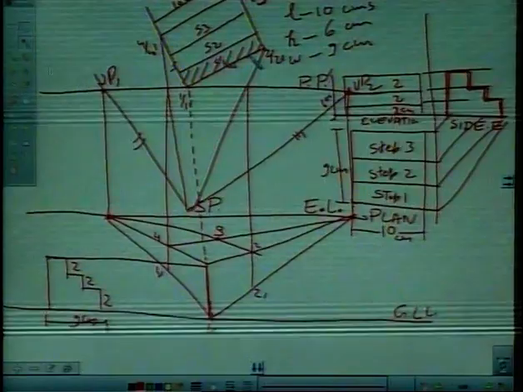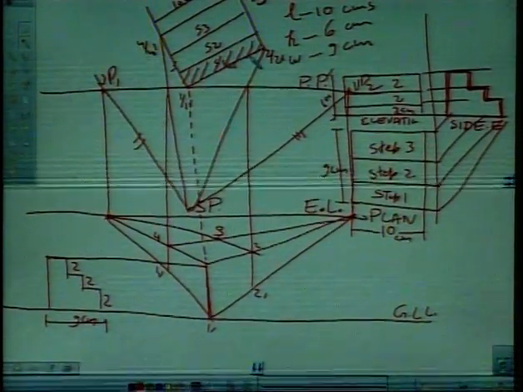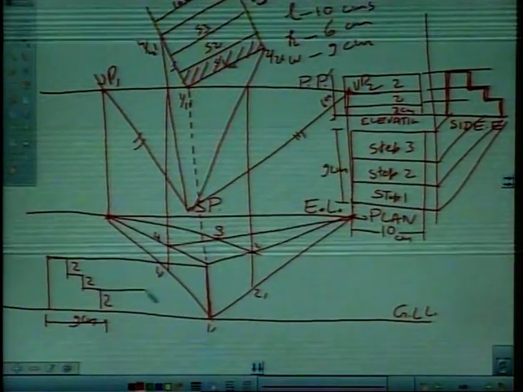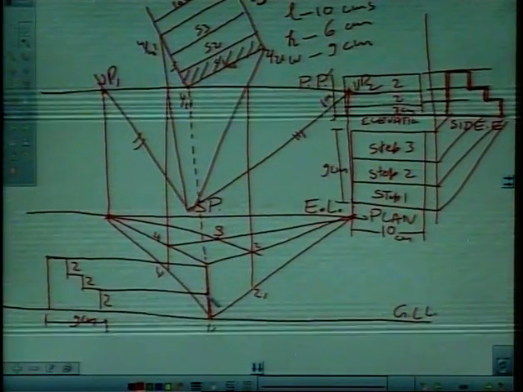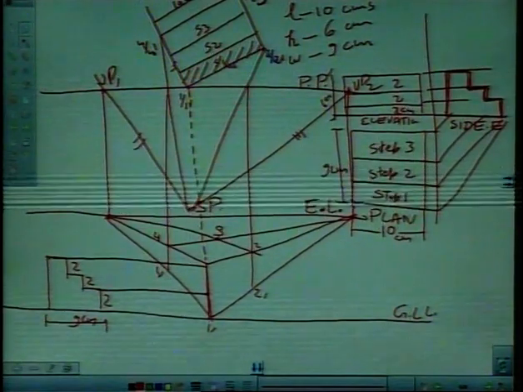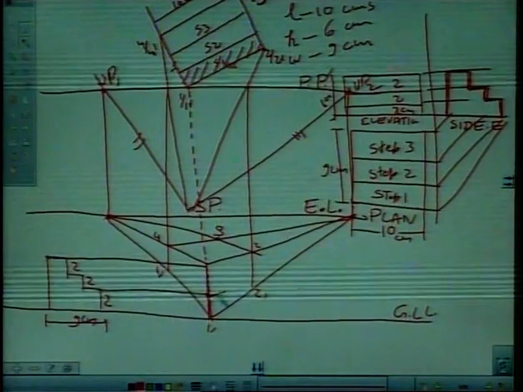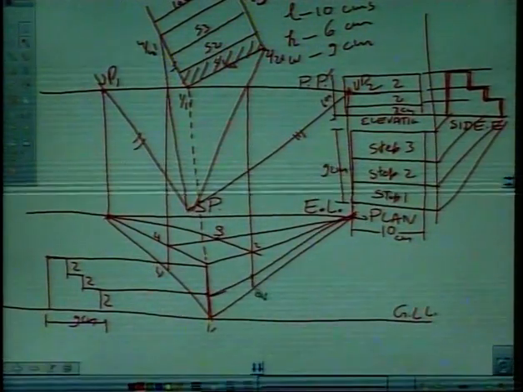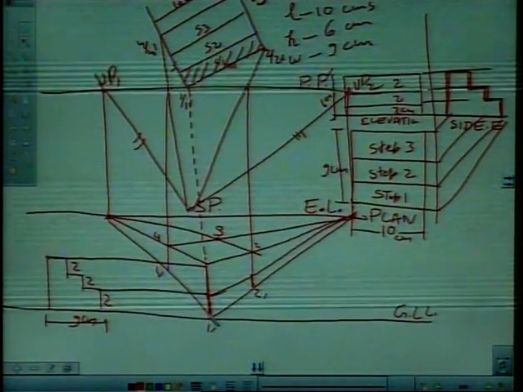right? For drawing step number 1, we will first transfer the height on this point 1 like this. From this, we will vanish and we will get the height of step number 1 at point 2. Simply vanish this, right? This will give us height at 2, right?